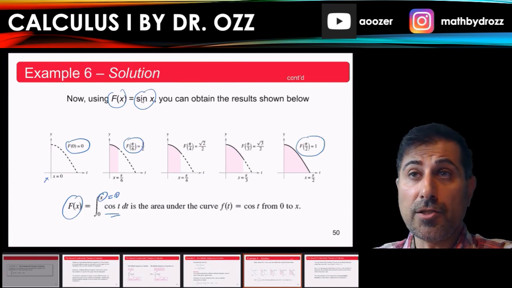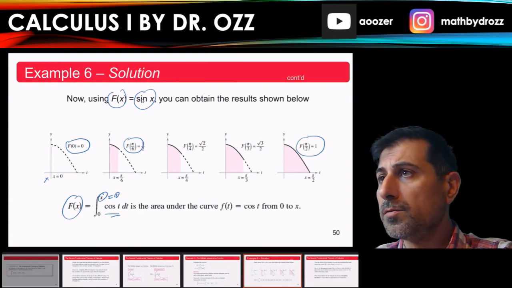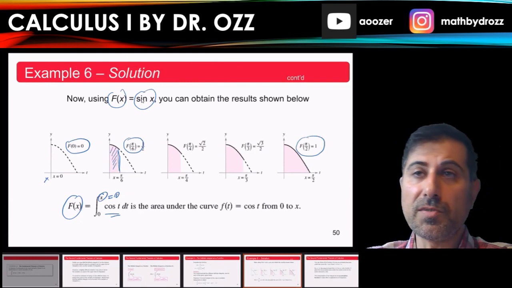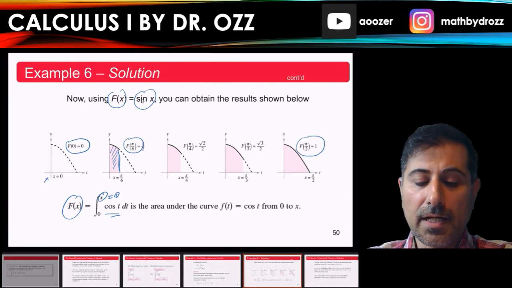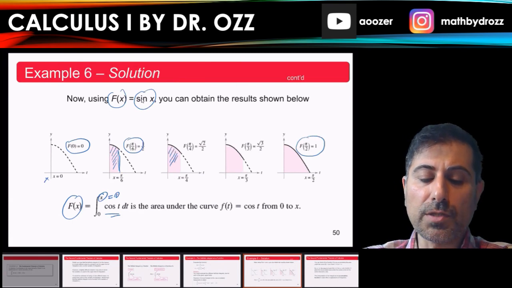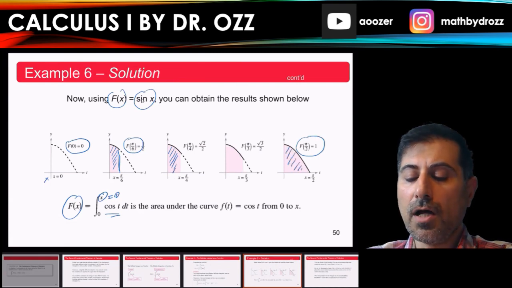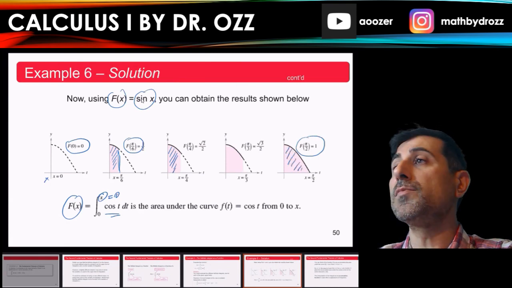And when you change x to pi over 6, that means I'm talking about this much of area between the curve and the t-axis. And when x equals pi over 4, the area gets bigger, and eventually when x is pi over 2, the area becomes 1.